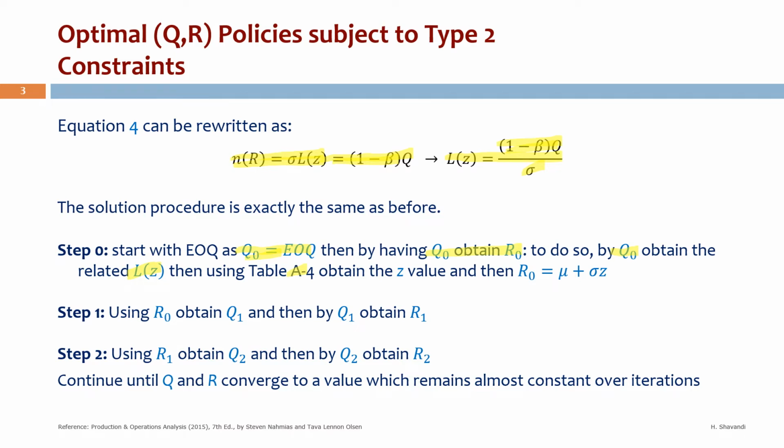Then with Z, we can obtain R by this equation: mu plus sigma times Z. Then by having Q0, R0, we obtain Q1 and R1, and then Q2, R2. We follow this process until the values of Q and R converge to a certain value.